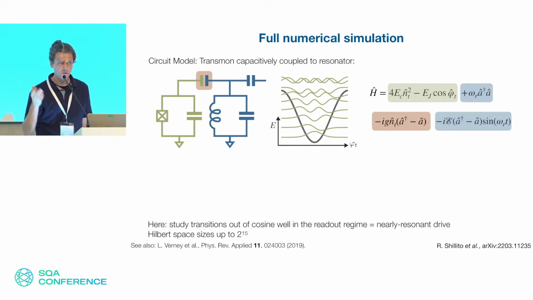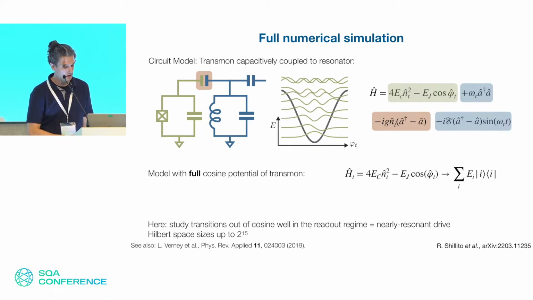So we considered no longer a bosonic approximation to this Hamiltonian, but the full cosine potential for the qubit, which is capacitively coupled to the resonator. And here is a notation that we will be using on and on in the next slides.